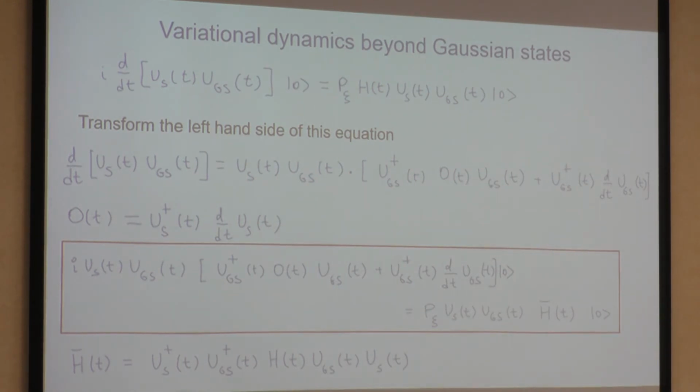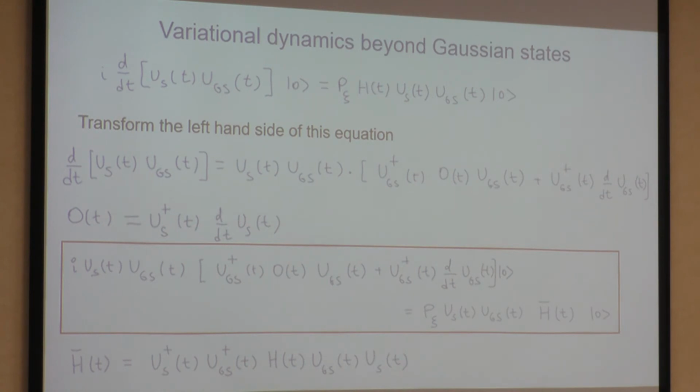I'll just give you a flavor of what we want to do. Remember when we calculated the time derivatives of operators, we have to be careful about the fact that the time derivative of the Gaussian doesn't commute with the polaron transformation, and vice versa. The time derivative of the polaron transformation doesn't commute with the Gaussian part.